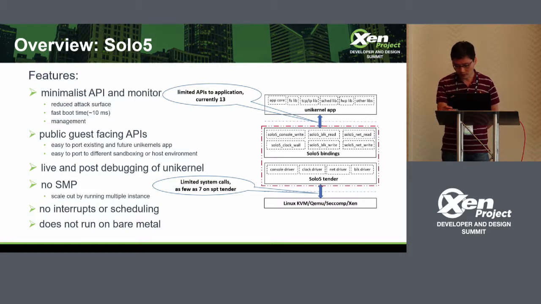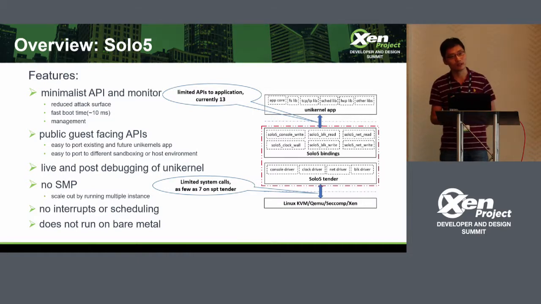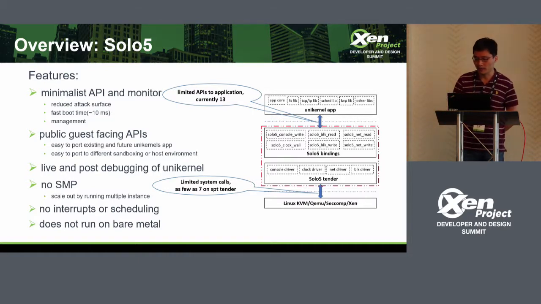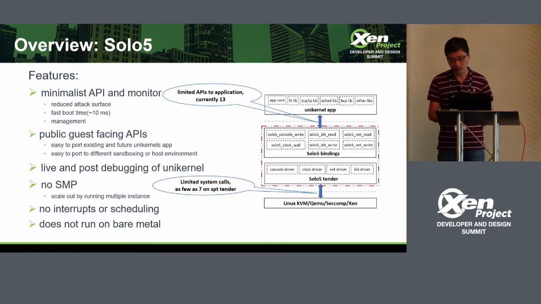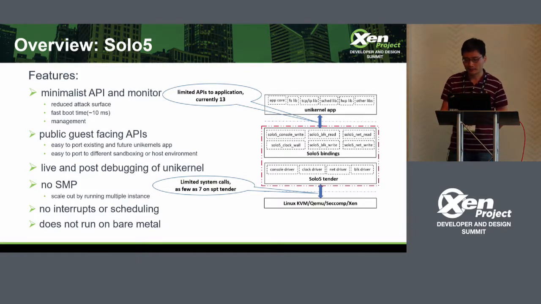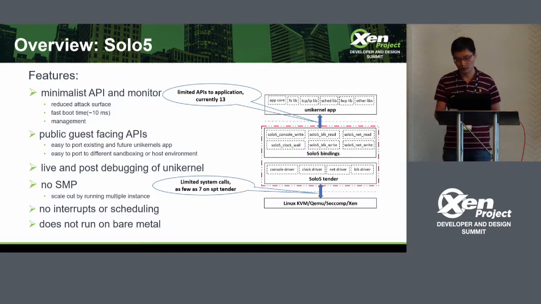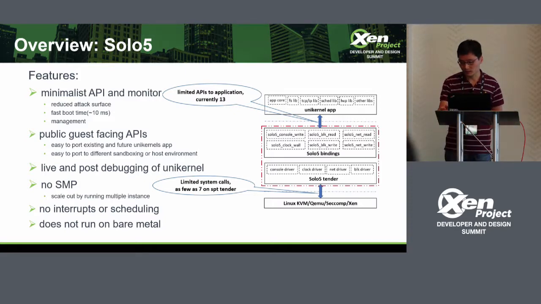And the tenders are responsible for loading and running the Unikernel applications at loading and running time. Solo5 does support several tenders, and the two most important ones are the HVT and SPT tenders.